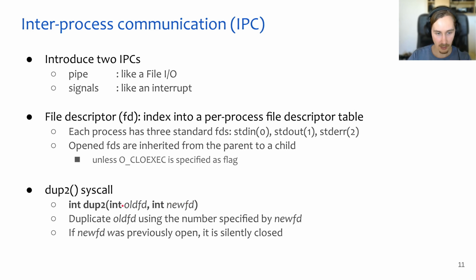And then we can call dup with this new file descriptor 3 and file descriptor 1 for standard out, for example, which causes the descriptor table entry from file descriptor 3 to be duplicated into the descriptor table entry of standard out, file descriptor 1.